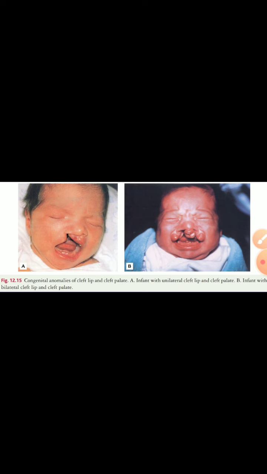Congenital anomalies of cleft lip and cleft palate. The first diagram shows an infant with unilateral cleft lip and cleft palate. Can you see here, this is on the right side, only on one side, unilateral cleft lip with cleft palate.